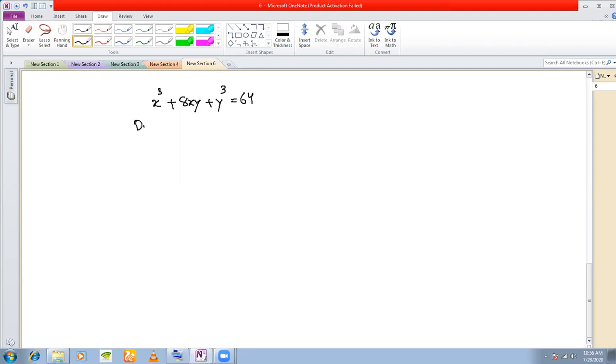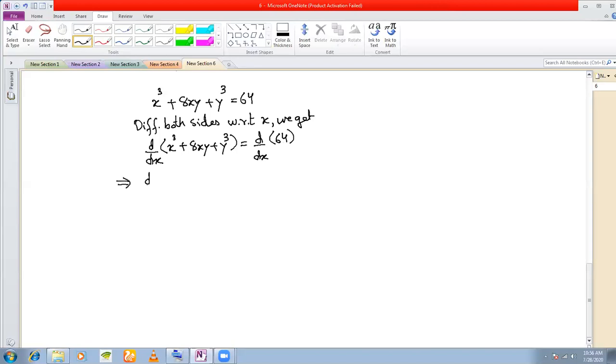So differentiating both sides with respect to x, we get d dx of x cube plus 8xy plus y cube is equal to d dx of 64.